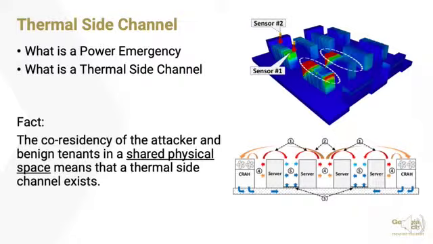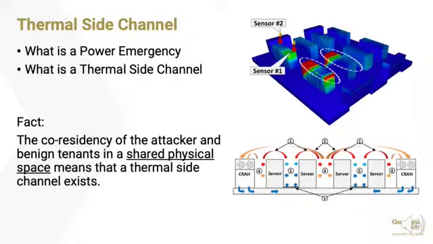This would be caused by the lack of heat containment within the data center. That lack of heat containment creates a scenario for heat recirculation. That recirculation is what a thermal side channel is.